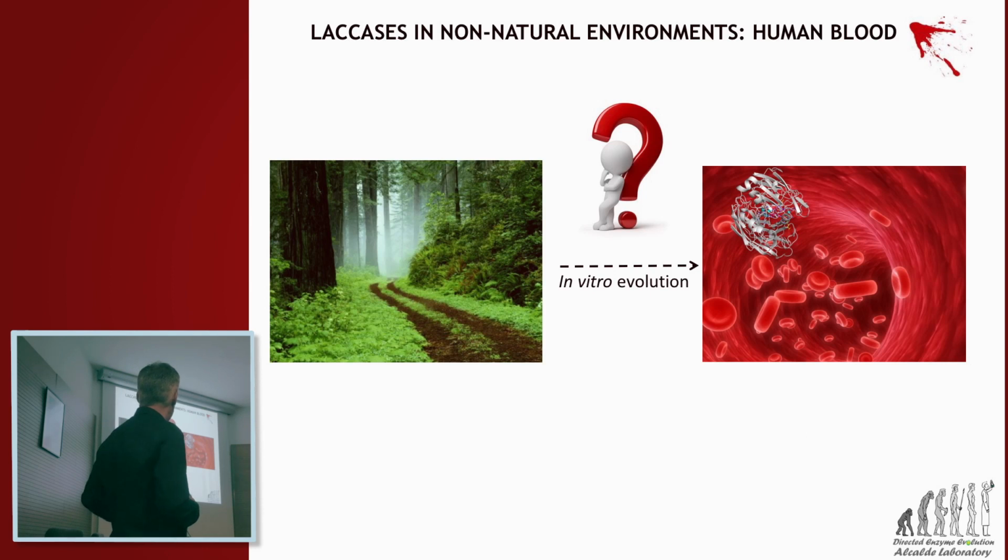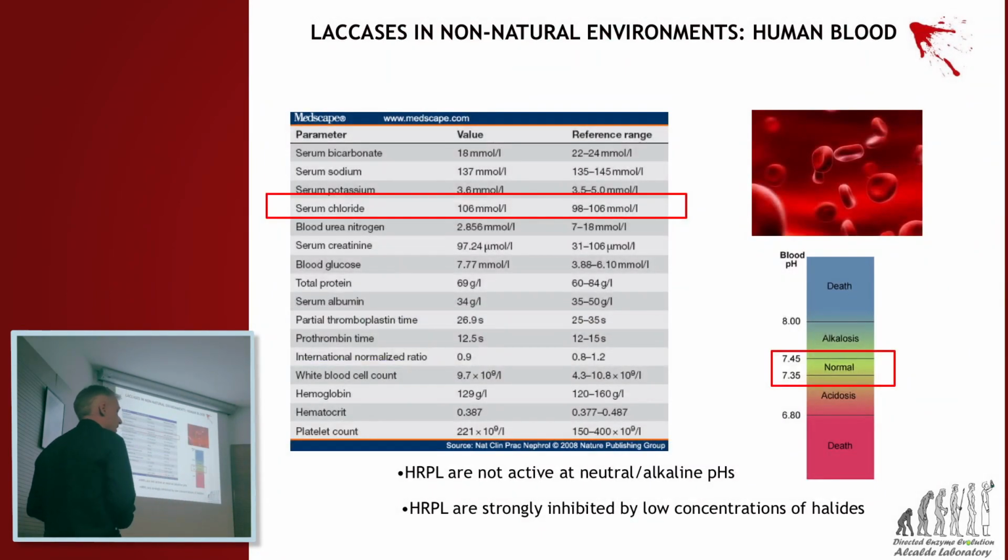because laccases are used to working in a forest, secreted by white rot fungi, in a strictly acid environment, and human blood conditions are very different. Indeed, high redox potential laccases are neither active nor stable in human blood for two reasons.